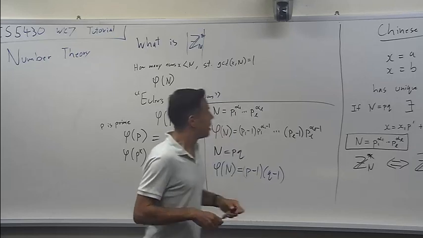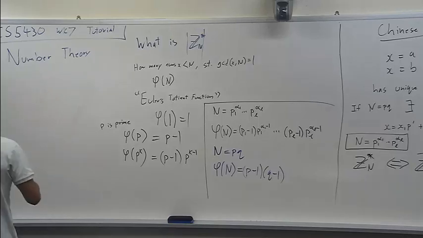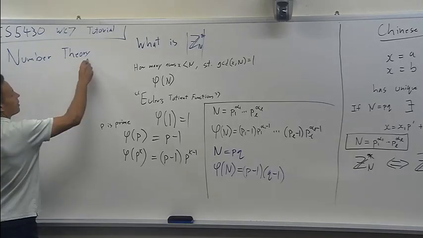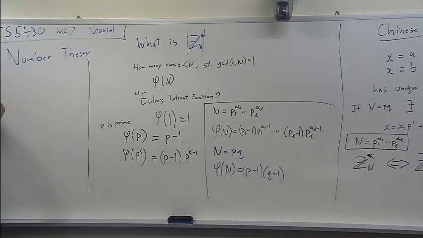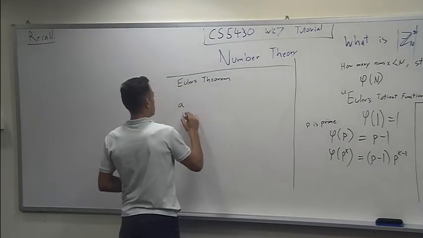All right. Let's get to, I'm sort of working right to left here, which feels a little bit backwards. So, let's say we're working in Zn, and let's say that A is some value in Zn.